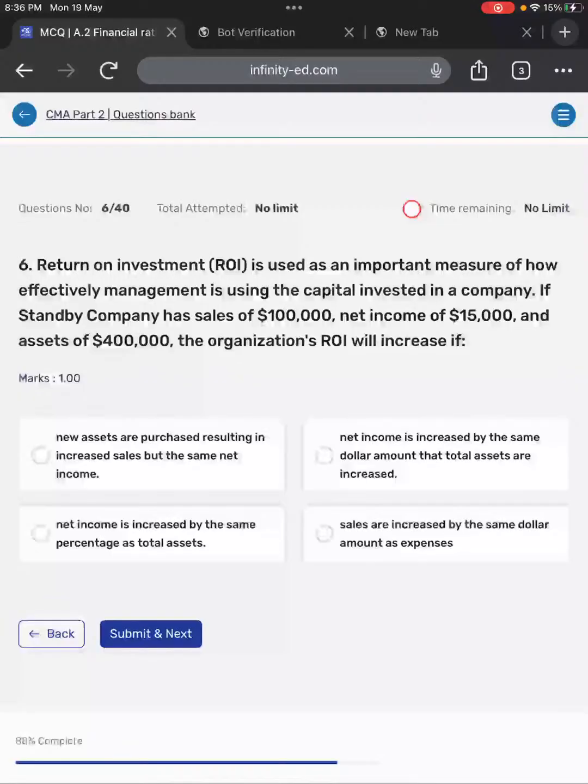Sales are increased by the same dollar amount. Net income increased by the same percentage as total assets is the answer.